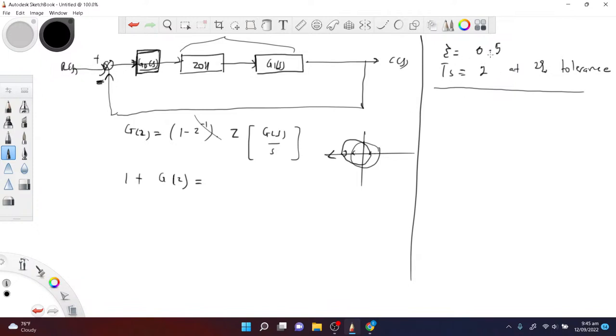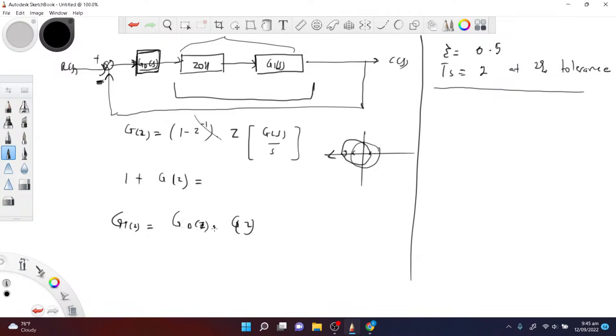So that now, in the end, when I find my total transfer function, my GD of S, when I cascade this with this transfer function, let me make it GD of Z, and multiply by GZ, where GZ is here, and I draw my root locus, I'll have a new root locus because I cascaded it with this controller.